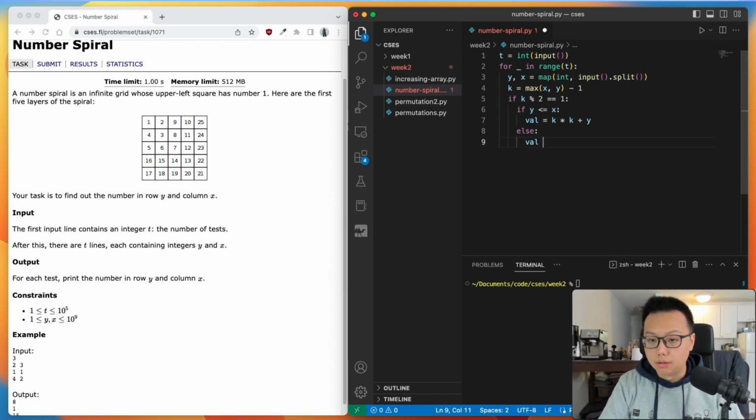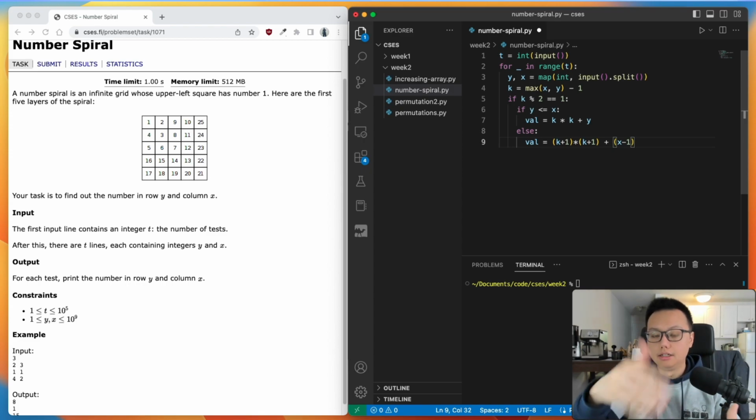So what we can see is (k plus 1) squared is the next square value, subtracted by how much you have, which is x minus 1, so you have x minus 1 columns.